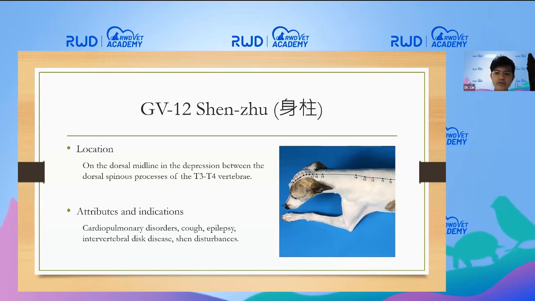GV12, Shenzhu, on the dorsal midline in the depression between the dorsal spinous processes of the T3 and T4 vertebrae. Attributes and indications are: cardiopulmonary disorders, cough, epilepsy, intervertebral disc disease, Shen disturbances.